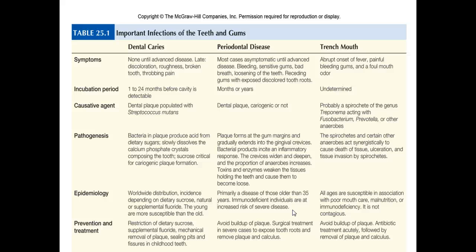So trench mouth, on the other hand, they believe is probably caused by several different spirochetes. This is a rare condition. We usually don't see this, but again, homeless individuals, elderly, people that don't get proper medical help. One of the reasons it's called trench mouth is that it was a problem during wartime, right?